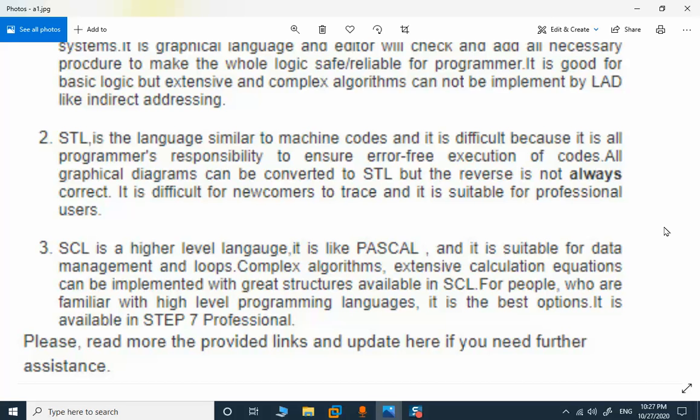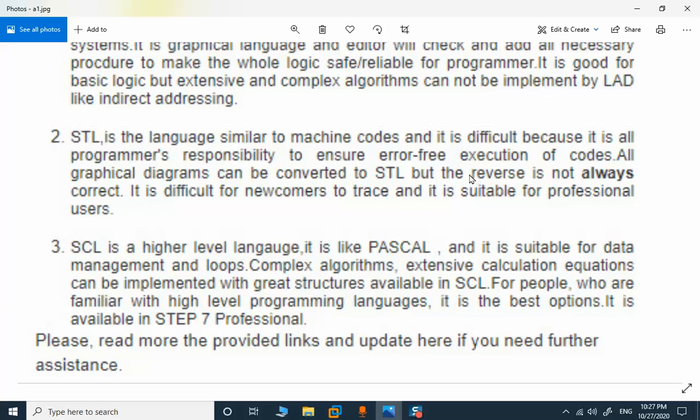If you are a professional, you need to use STL. It's much easier to develop the code and it's faster, and the most important drawback is it's not good for newcomers. It's very difficult for them. It's difficult to trace the program and errors, and it's suitable for professionals.